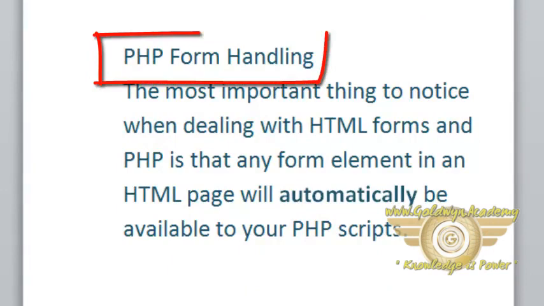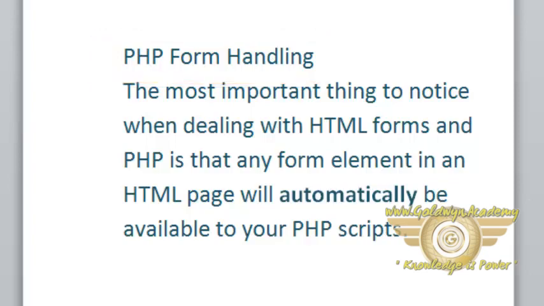PHP form handling. The most important thing to notice when dealing with HTML forms and PHP is that any form element in an HTML page will automatically be available to your PHP scripts in get and post method.